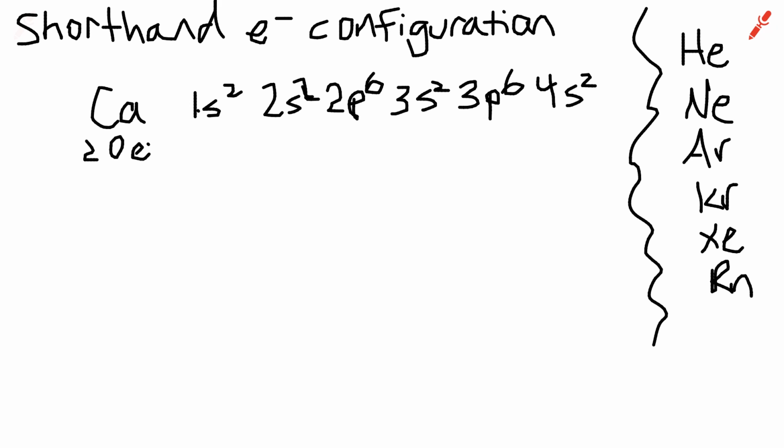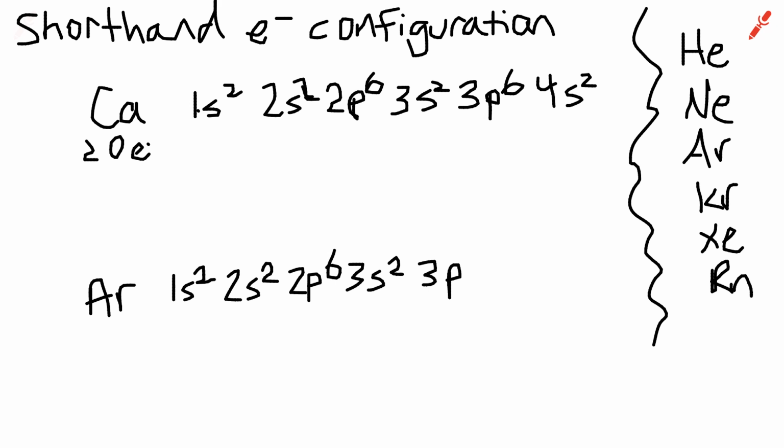Now the trick is that you might notice, let me write down argon right here. Argon's configuration is 1s2, 2s2, 2p6, 3s2, 3p6, because it only has 18 electrons. And so what you might notice is that all of this right here is actually the same thing as what's written down for argon.